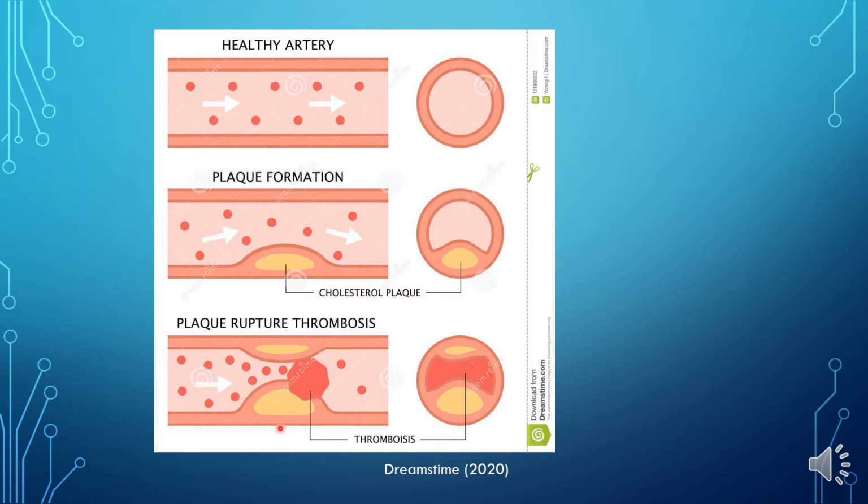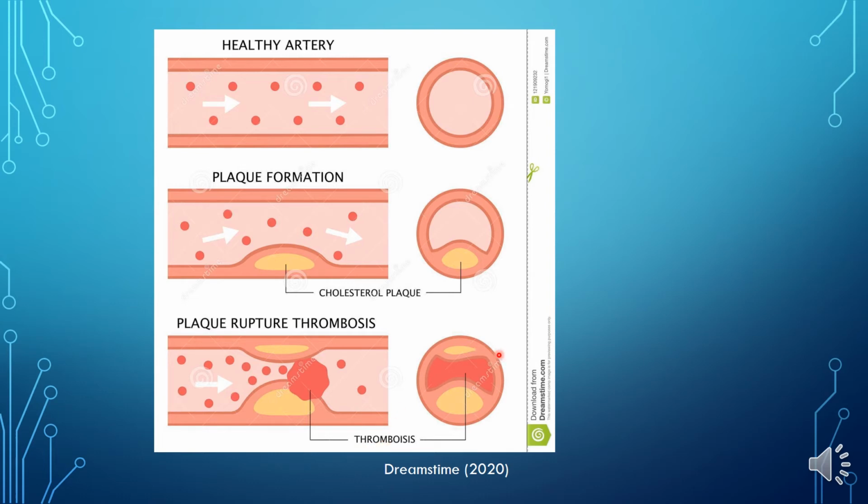So the atheroma rupture, that's what leads to an acute infarction. If the fibrous cap happens to rupture, what happens is your responder cells come to try and seal off the leak. And to do that, it forms a blood clot, which we refer to as a thrombus.